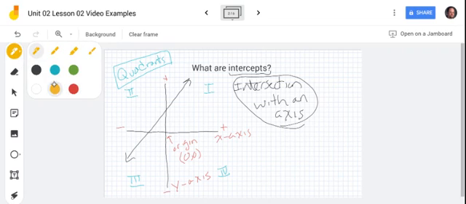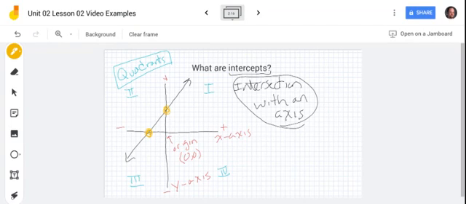Now, intercepts are simply where the line or any graph touches an axis. It's the ordered pair of the point where it hits the x and the point where it hits the y. Now, curved graphs might hit more than once.